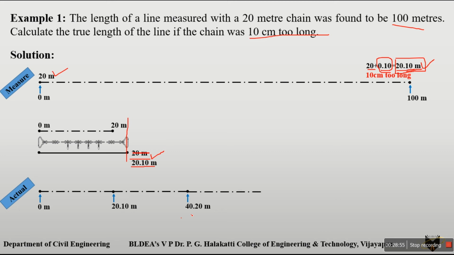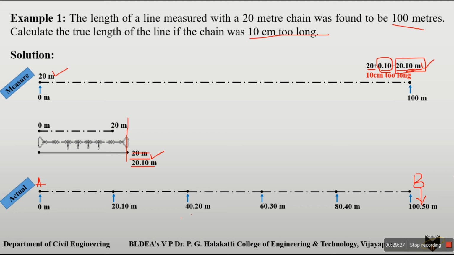Similarly next chain length it is 60.3 meters, then next 80.30, and so on continuing up to 100 meters. So the actual length between these two points, for example A and B, will be equal to 100.50 meters.